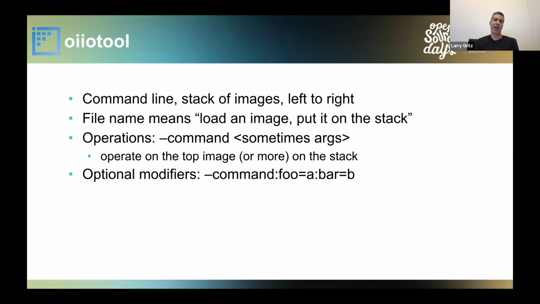So arguments are processed left to right in order, and an argument that appears to be an image name implicitly means, this is the name of an image, load it and put it on top of the stack. And arguments that start with dashes are commands to operate on those. And so most commands pull one or more images off of the top of the stack, do things to them, and put a result back on, or modify the one that's currently on the stack.